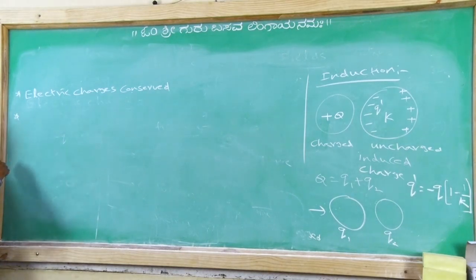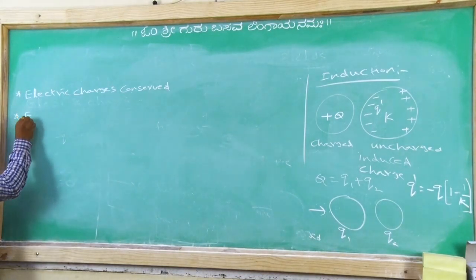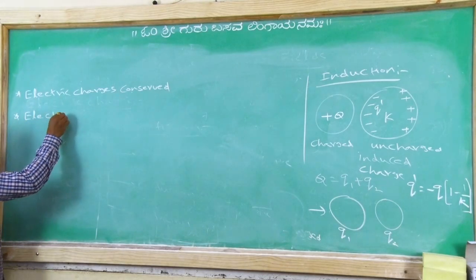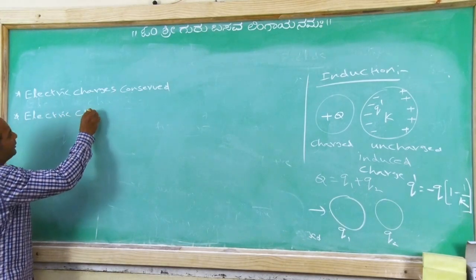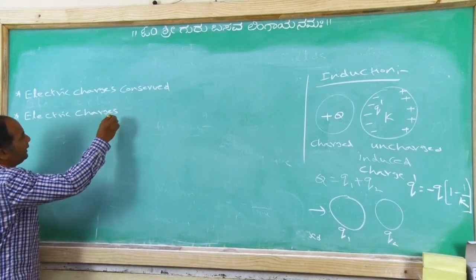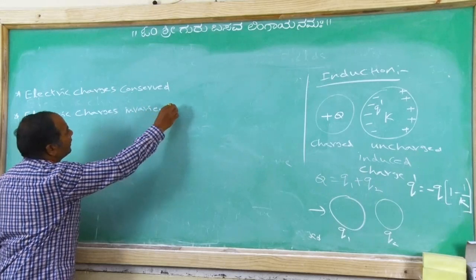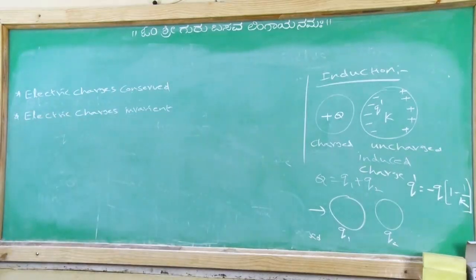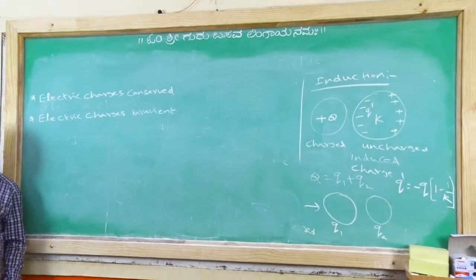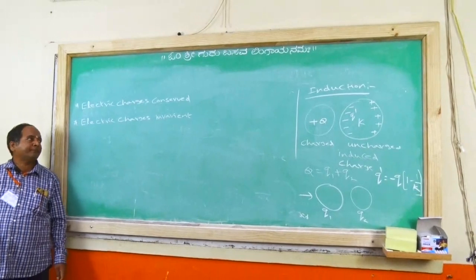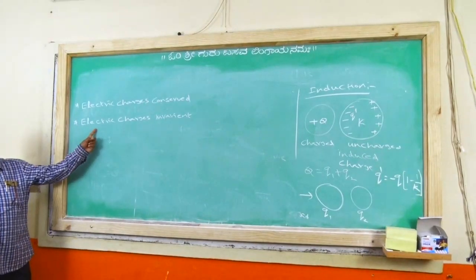Another one you should remember is that electric charges are invariant. Variant means changing when they are moving. So electric charges being invariant means that whether the body is at rest or in motion, the electric charge remains constant.